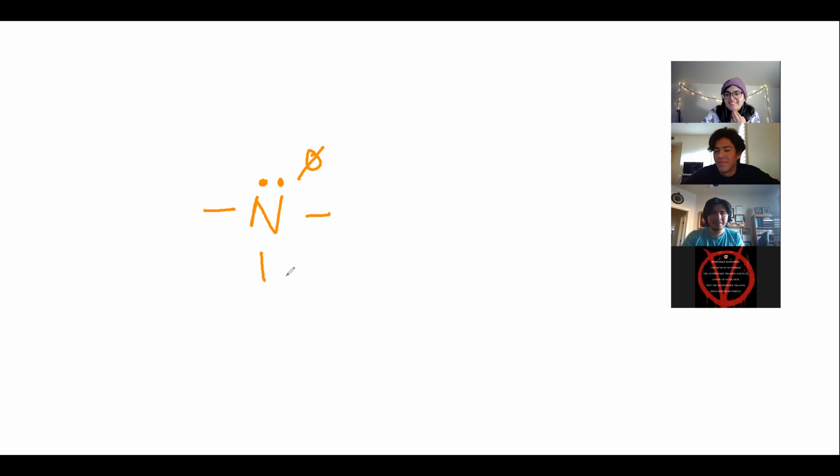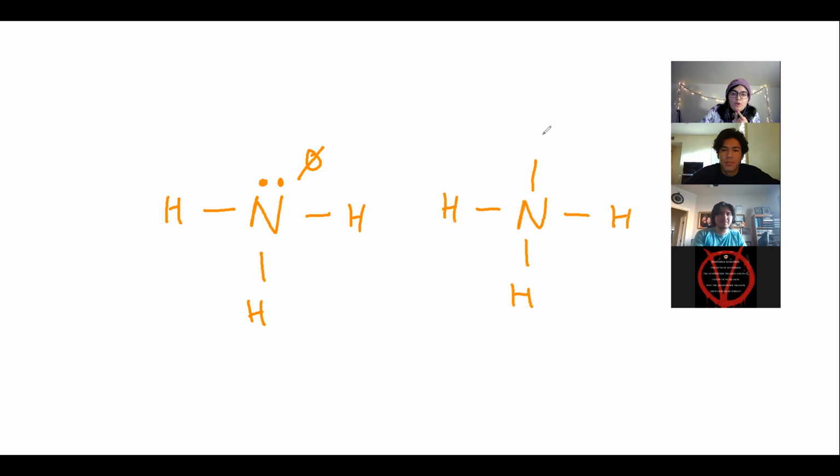Ammonia, NH3, right? Now, does anybody know of one of ammonia's friends that looks similar to ammonia, except it has 4 bonds to nitrogen? Ammonium. It's ammonia's brother. Yes, but what kind of charge does ammonium have? A +1 charge, right?